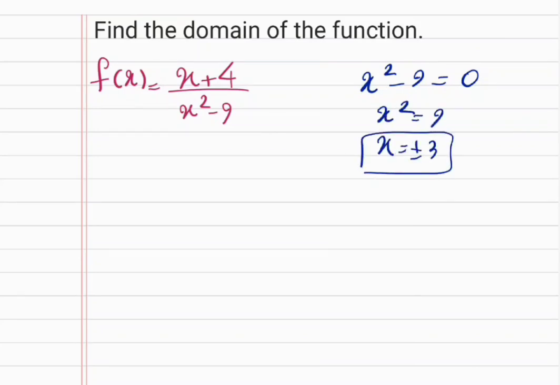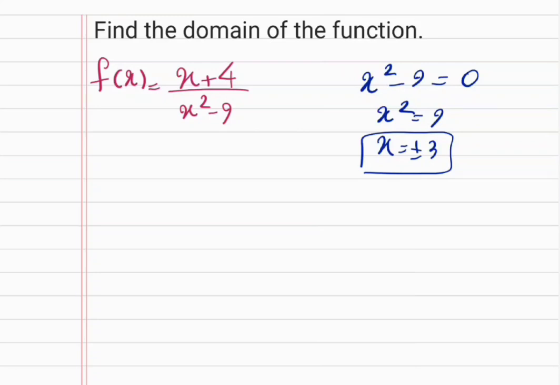So these are the two values that if you substitute into this function, there are going to be some problems, and you don't want that because that makes the denominator zero. But other than these two values, we can give any x value that you want to this function, and we are not going to have any problems.